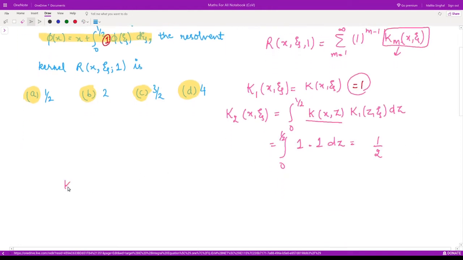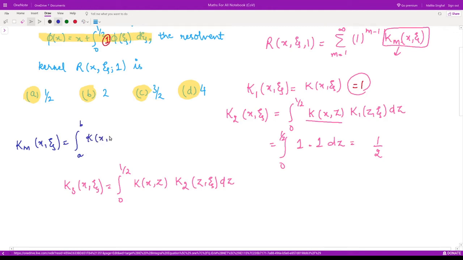Now let us calculate K3(x, xi). What would that be? It is integration from 0 to half of K(x, z) then K2(z, xi) dz, because what is the formula of iterated kernels? The mth iterated kernel is calculated as integration from a to b, whatever are the limits given in the question, of K(x, z), where I am changing the variable to z, times K_(m minus 1)(z, xi) dz, and the integration here is with respect to this z.